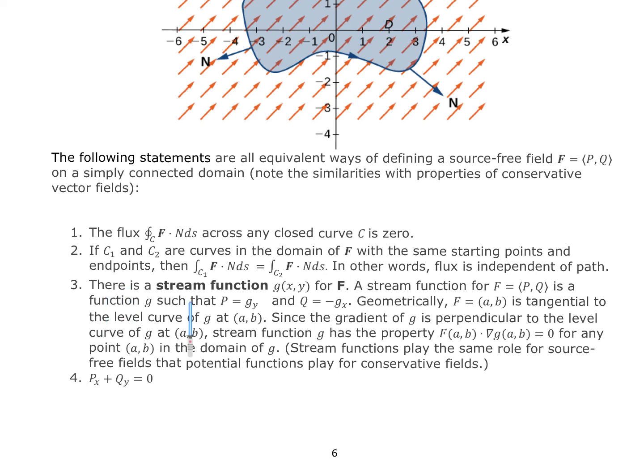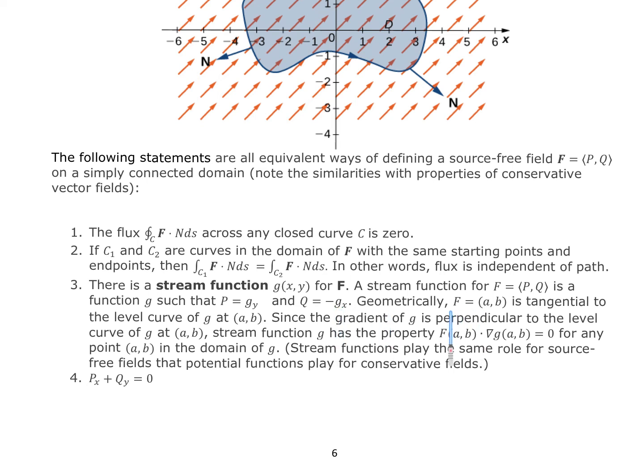There's something called a stream function g of x, y for F. A stream function for F equal to P, Q is a function g such that P is equal to the partial of g with respect to y, and Q is equal to the negative partial of g with respect to x.